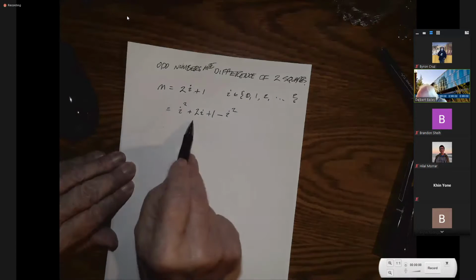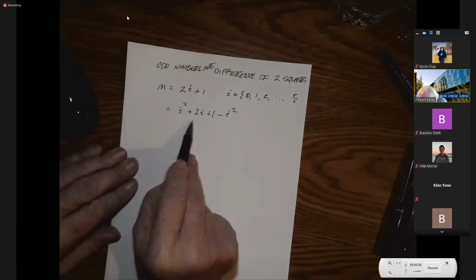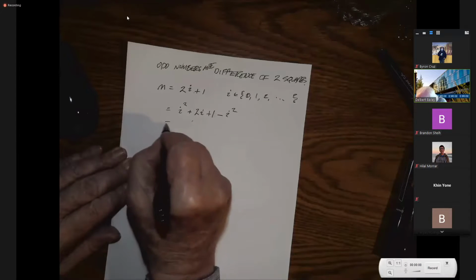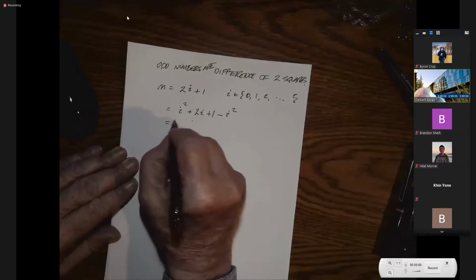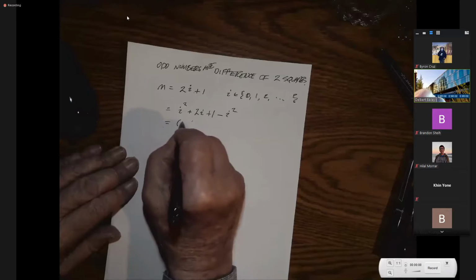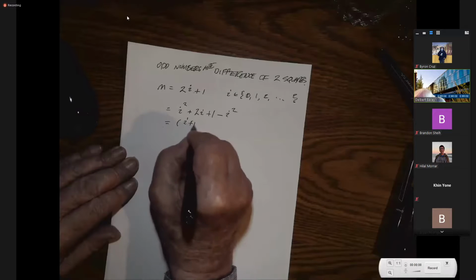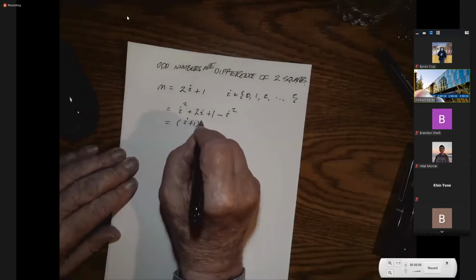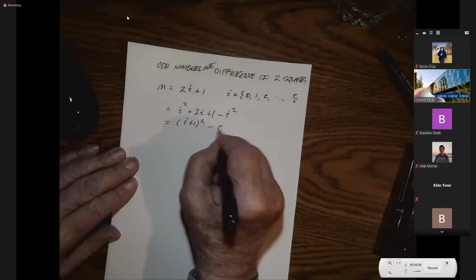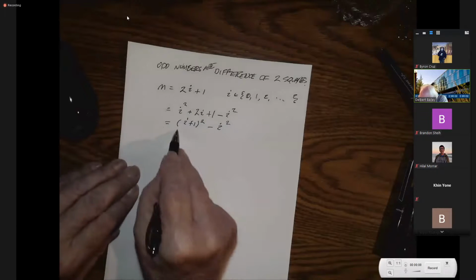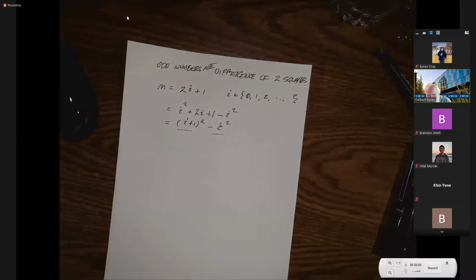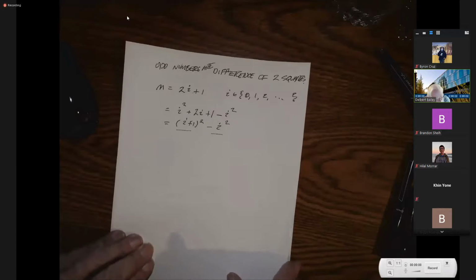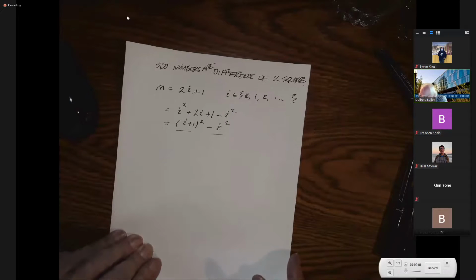Okay, so this is just algebra, and we get a square minus a square. Any questions on that one?